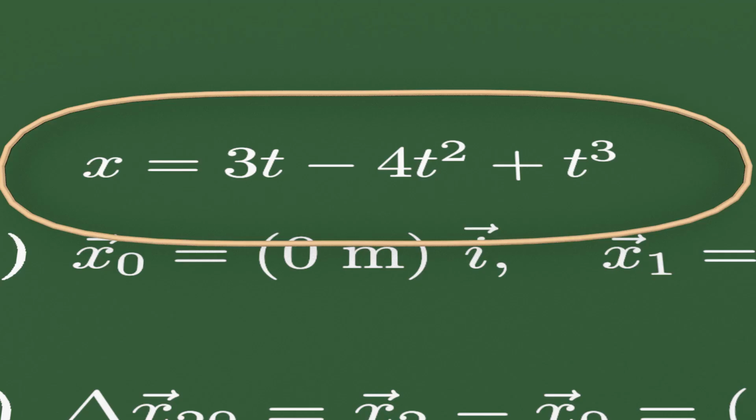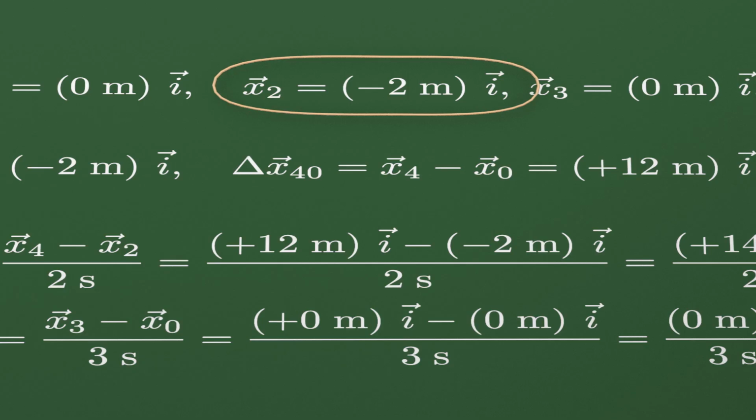When t is equal to 2, we will have 3 times 2, that is equal to 6, and then minus 4 times the square of 2, which gives 6 minus 16, that is minus 10, and at the end, minus 10 plus 2 over 3, that is minus 10 plus 8, which gives minus 2.